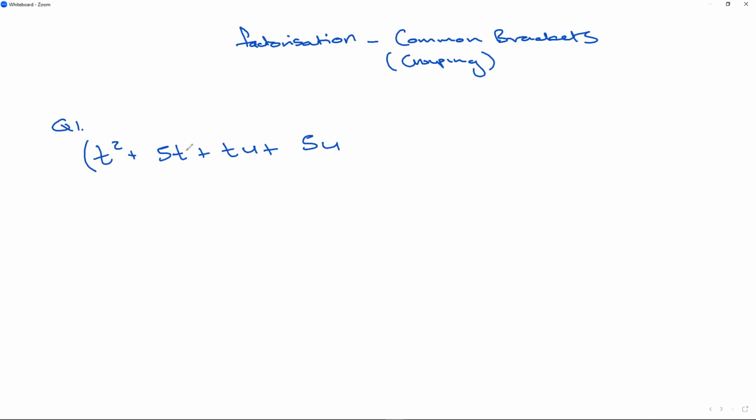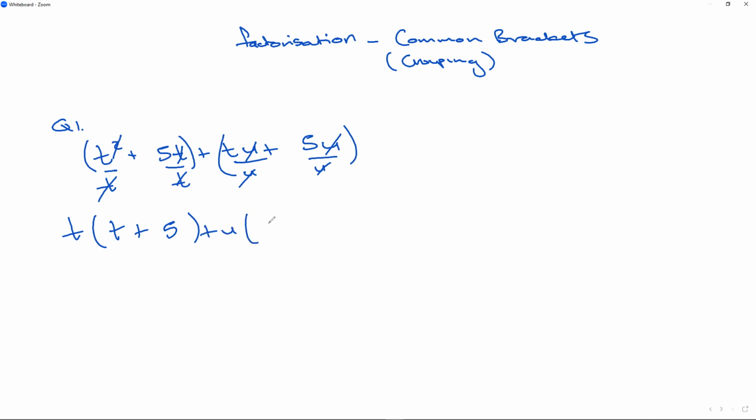But let's say I put brackets over the first two terms and the second two terms, and I take out a common factor by dividing both of the first two terms by t, leaving me with t plus 5, and dividing the second terms by u, and leaving with t plus 5 in a bracket.